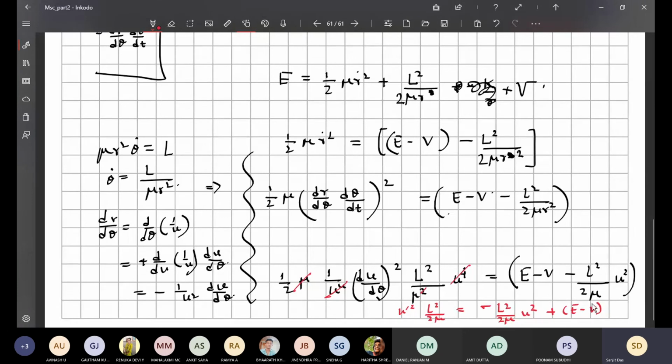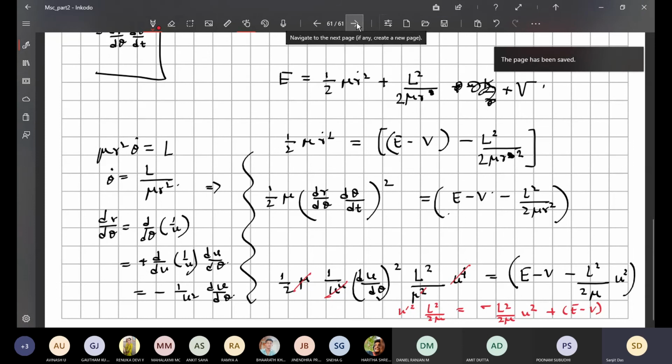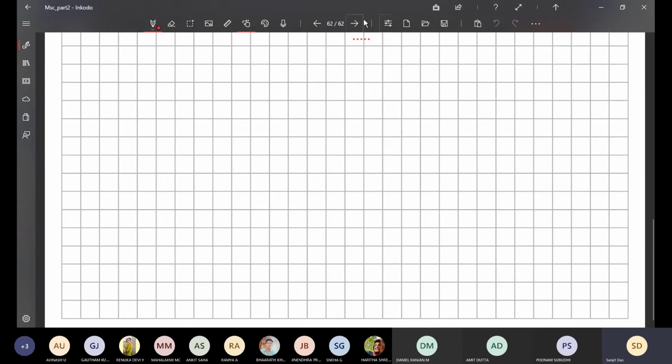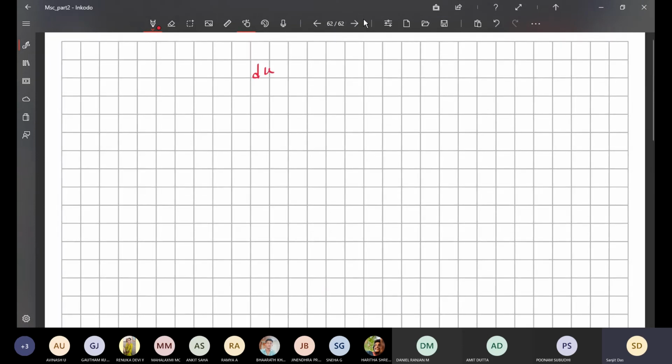Just remember this. I'm going to the next page, and tell me that equation. du by d theta square plus u square is equal to what? E minus V was there as usual. Then what is the thing I told you to multiply with? 2 mu by L square.